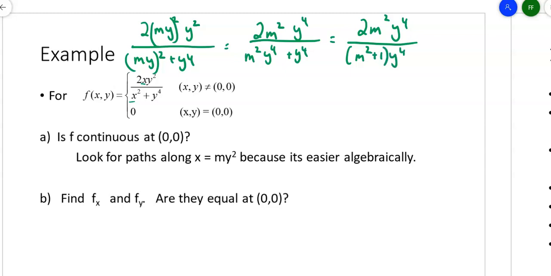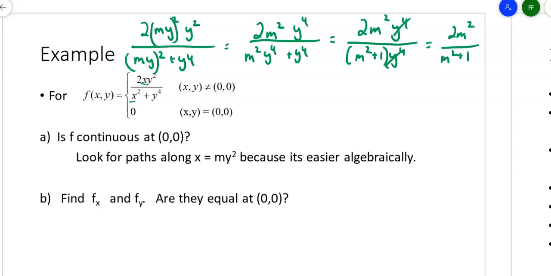My goal is to factor out a y to the 4th, but don't forget dividing y to the 4th by y to the 4th gives you 1. All right, so that gives me 2m over m squared plus 1. What if m is 1? Right, because that's a possibility.